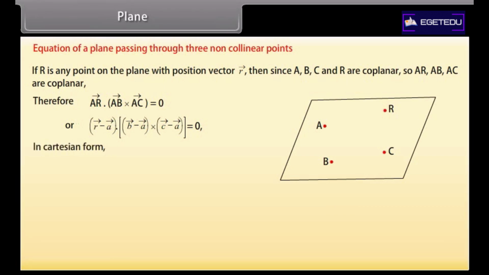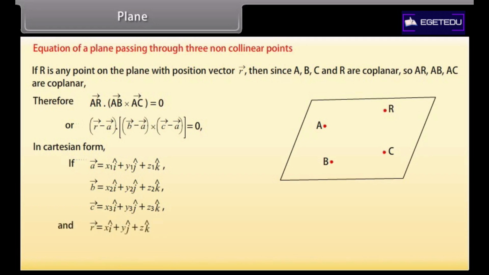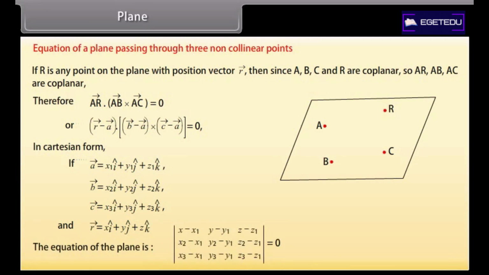In Cartesian form, if vector A equals x1 i cap plus y1 j cap plus z1 k cap, vector B equals x2 i cap plus y2 j cap plus z2 k cap, vector C equals x3 i cap plus y3 j cap plus z3 k cap, and vector R equals x i cap plus y j cap plus z k cap, the equation of the plane is determinant row-wise.